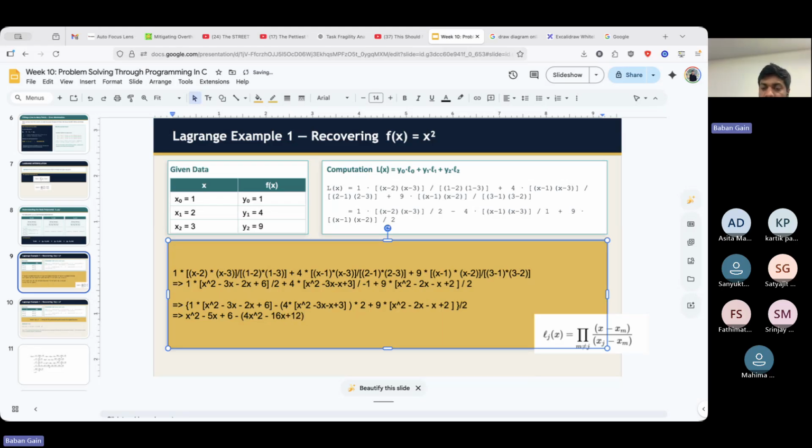Okay. Plus here like you have 9x square minus 2x minus x is 3x. 3 into 9 is 27x, plus you have 9 into 2 is 18, and everything divided by 2.